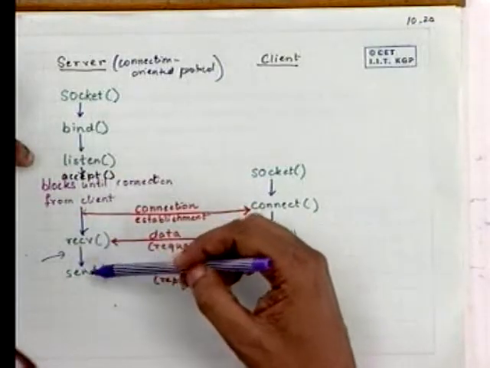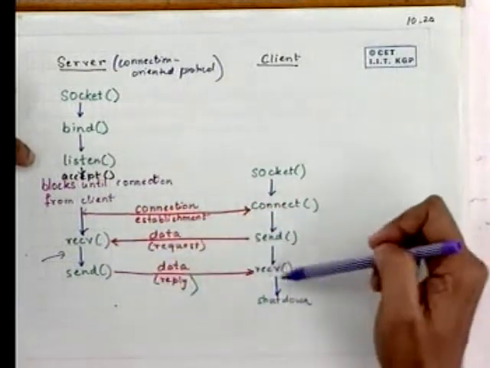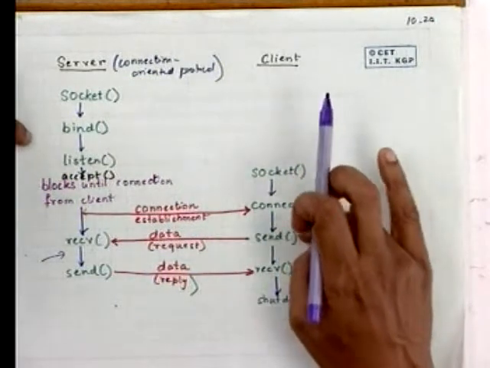In between, it may be the case that another client wants to receive data from the same server. In that case, the server cannot process it because it is busy. If it is done in this simple, straightforward, sequential way, it cannot process the new request until it completes the request from, say, client number 1.